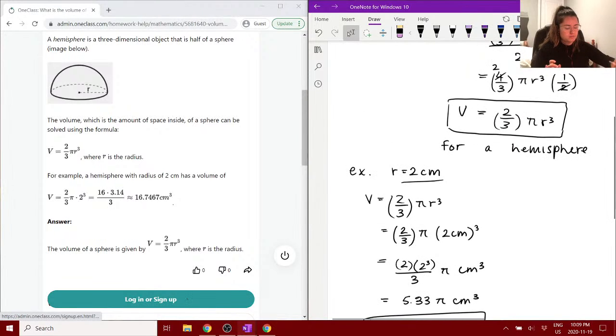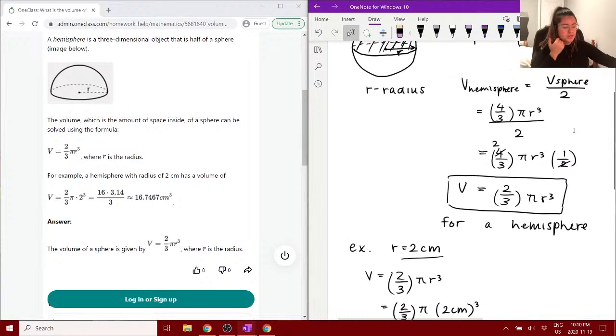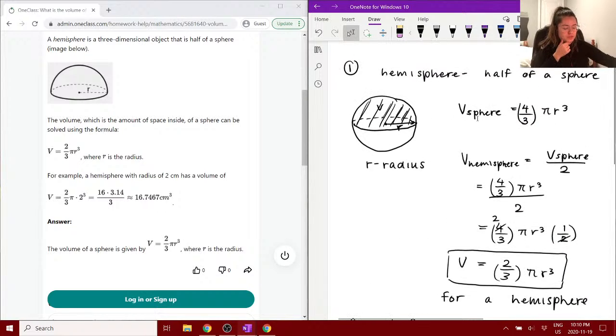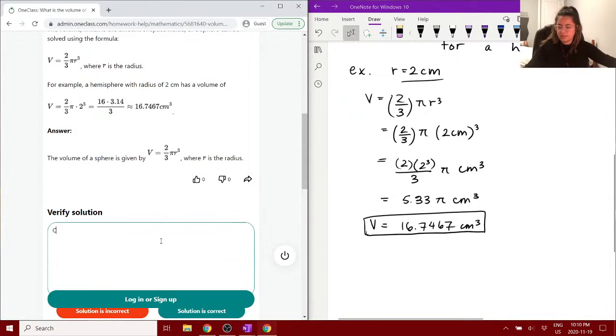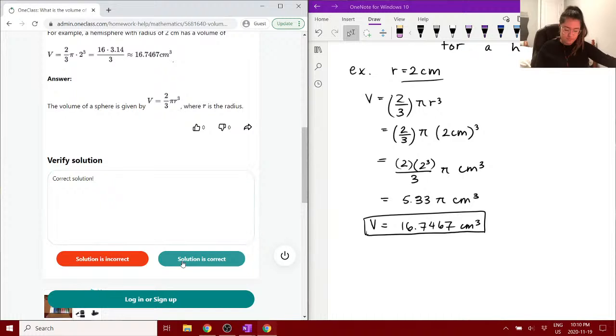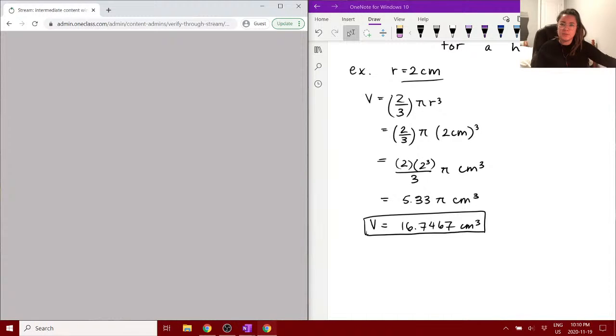And once again, we have the solved volume of a hemisphere that we got from the volume of a regular sphere. Okay, so correct solution, and that's good. Move on to the next question.